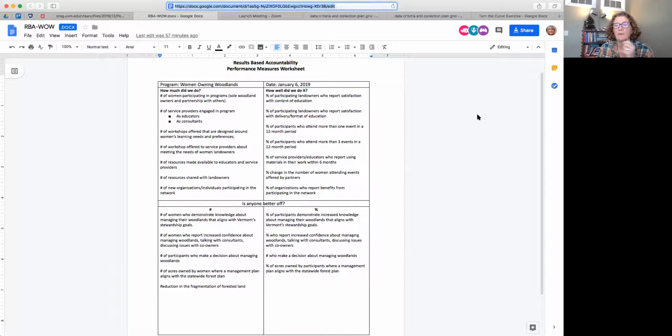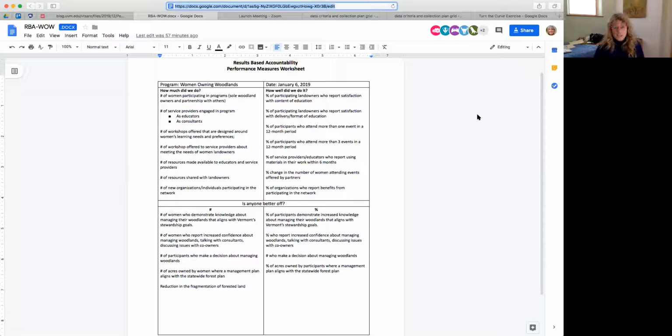All right. So I think I've talked about this program before in some of our previous sessions. I'm part of a group of partners who are working on potentially establishing a Women Owning Woodlands program in Vermont. There are similar programs in other states. This comes from the recognition that an increasing number of women are owning woodlands because women often inherit the land.